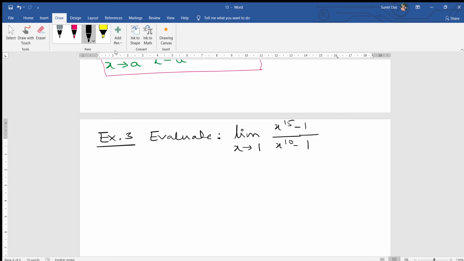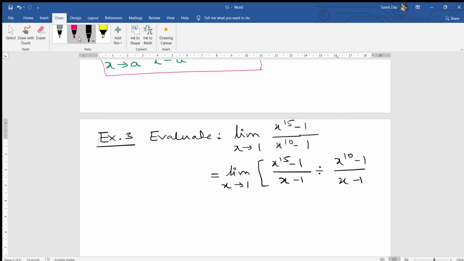To solve this one, I'm doing this: x to the power 15 minus 1 divided by x minus 1, divided by x to the power 10 minus 1 divided by x minus 1.